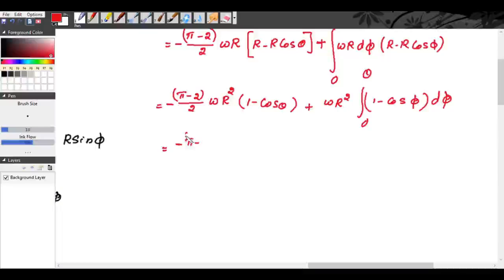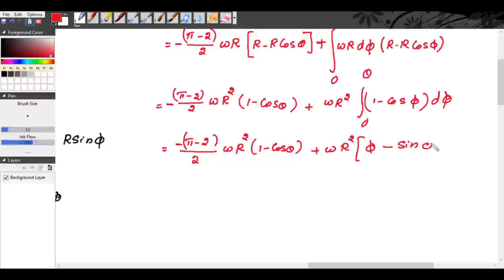So you get minus (pi minus 2) by 2 WR square into 1 minus cos theta plus WR square into integration of 1 into d phi, it is phi, minus integration of cos phi is sin phi, from 0 to theta.